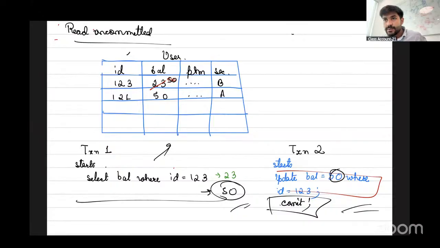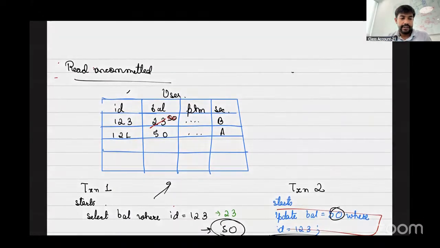Read committed is one step further, where only if there is a committed change would the transaction see it. Repeatable read is where all the data inside the transaction is consistent, not subject to change with respect to other transactions. That was pretty much about transaction isolation levels.